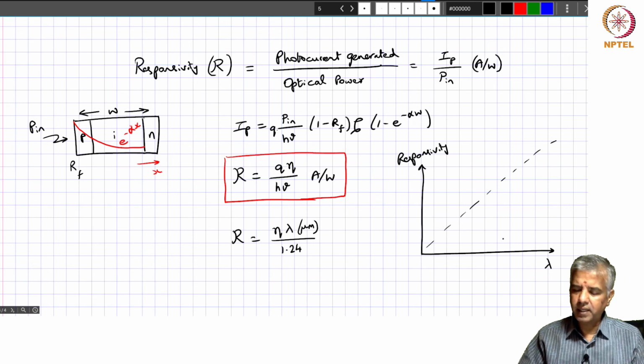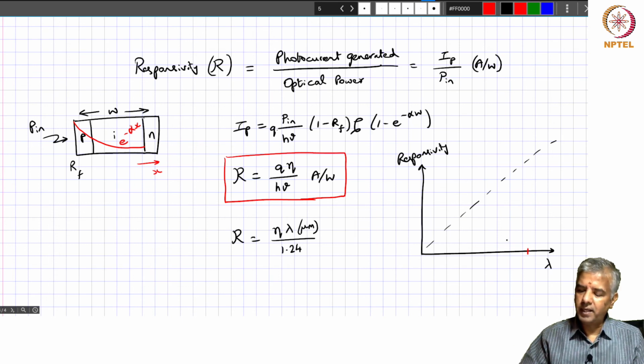But like I said, R cannot be arbitrarily large, because as you increase in wavelength, your frequency is decreasing, and if your frequency is decreasing, h nu, the energy of the photon, is decreasing. There comes a point where h nu is less than the band gap energy, and in that case you cannot have any absorption happening within this structure.